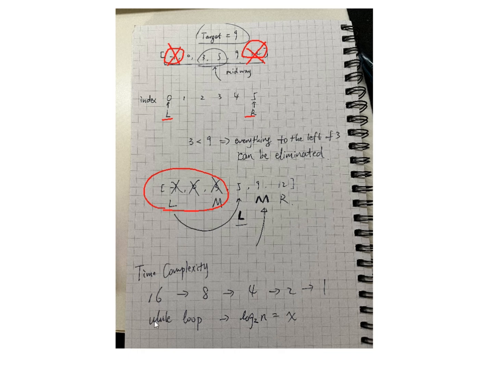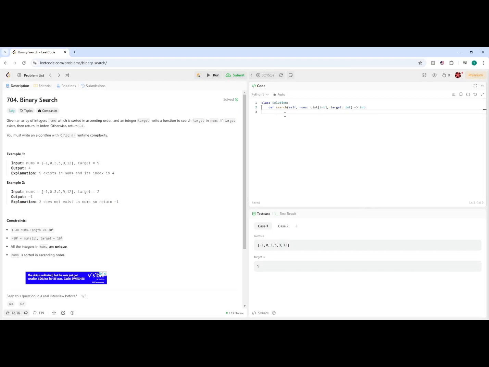If we have a while loop to do this, the while loop is going to run as many times as we can divide the length of the input array by 2. Mathematically, we calculate this using log base 2 of n. So the complexity of binary search will be log n instead of n.